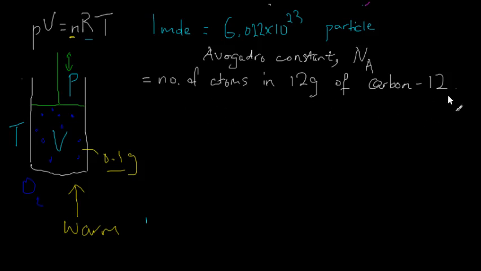But what does the 12 mean specifically? The 12 here means this. Imagine a carbon 12 atom. If you've learned about the structure of an atom before, an atom has protons inside and it has neutrons inside, and it has electrons around it.